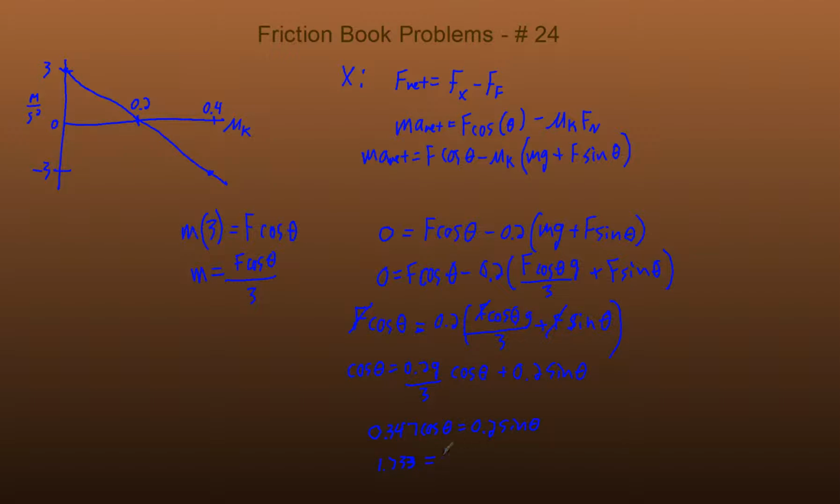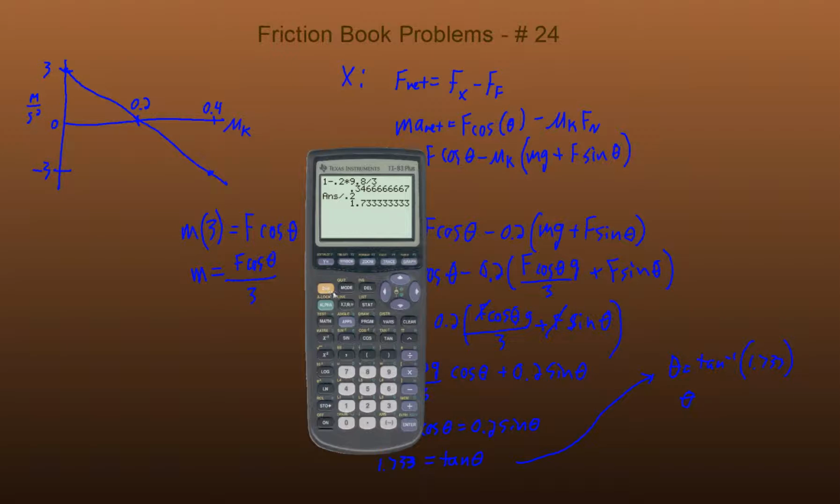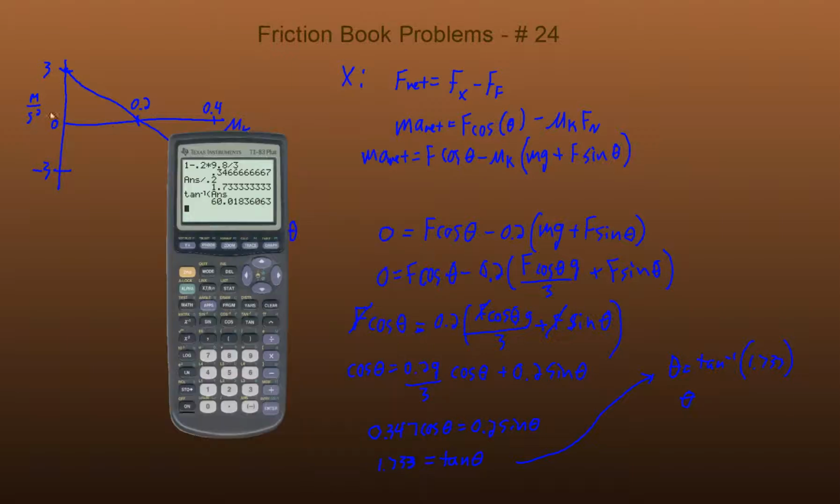Sine divided by cosine is tangent. Whoa, how nice is that? So theta equals inverse tangent of 1.733, which equals 60 degrees.